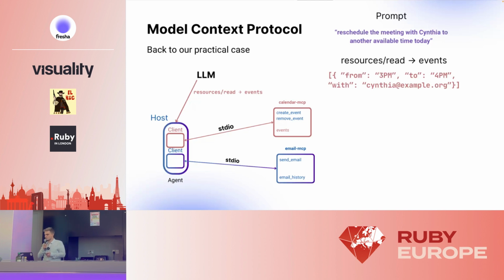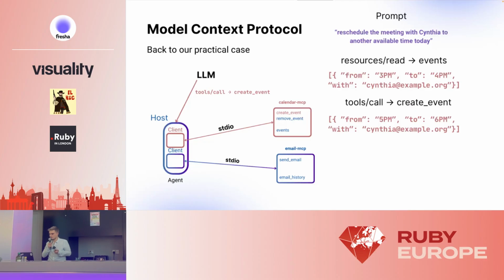Now, what does it need to do? The LLM will process it and will say, okay, maybe let's create an event. So I will create an event from 5 p.m. to 6 p.m. with Cynthia at example.org, and I will send all these arguments to the create event tool, and the host will know that the create event tool is part of the calendar MCP server, and the client will forward the request.